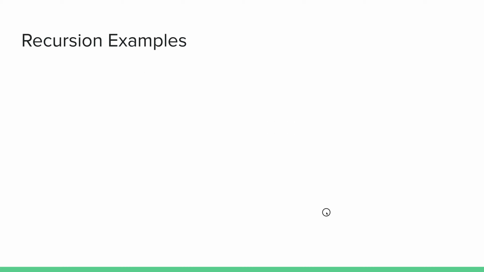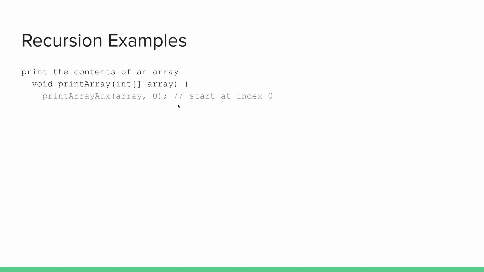Another example: we can use recursion to print the contents of an array. We could do this iteratively, however it could be a lot more solid if we do it recursively. So print array takes an integer array, let's say.